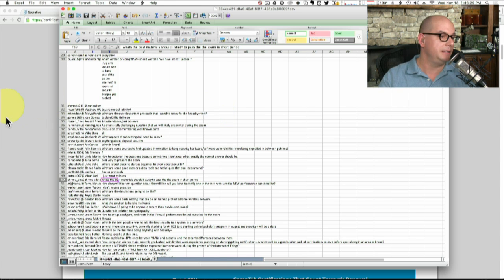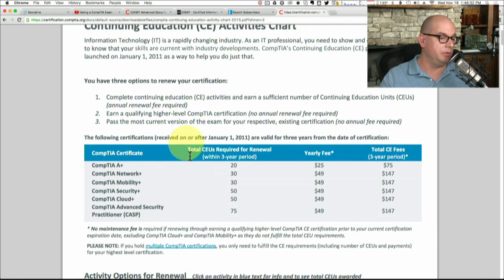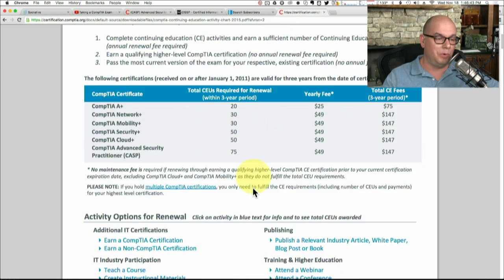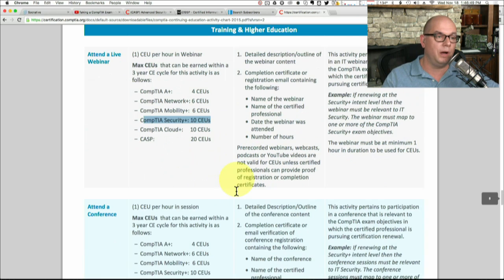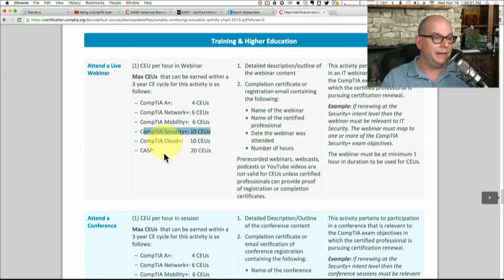For Security Plus, somebody's talking about renewals. You need 50 continuing education units, CEUs I guess they call them, and you need 7 before that. Well, now you can just very easily go to this. In fact, for CompTIA Security Plus, if you were to watch 7 of my Security Plus webinars, you'd have your 7 CEUs.